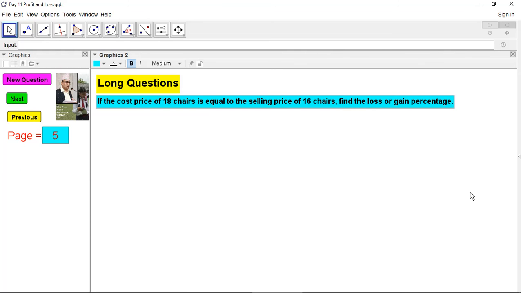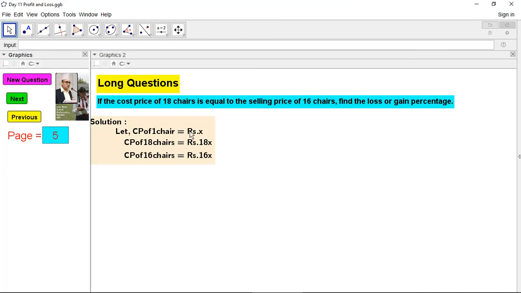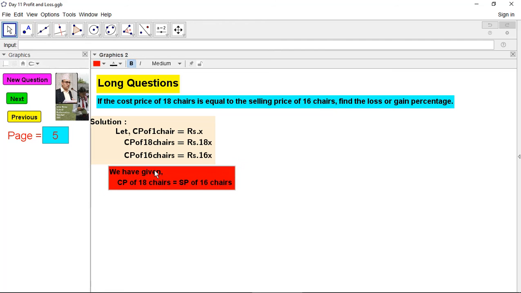I will show the solution, dear students. Here I have applied the method B. CP of 1 chair is x, CP of 18 chairs is 18x, and CP of 16 chairs is 16x, because the selling price of 16 chairs only we will consider. That's why I have taken this. And we have given CP of 18 chairs equal to SP of 16 chairs.